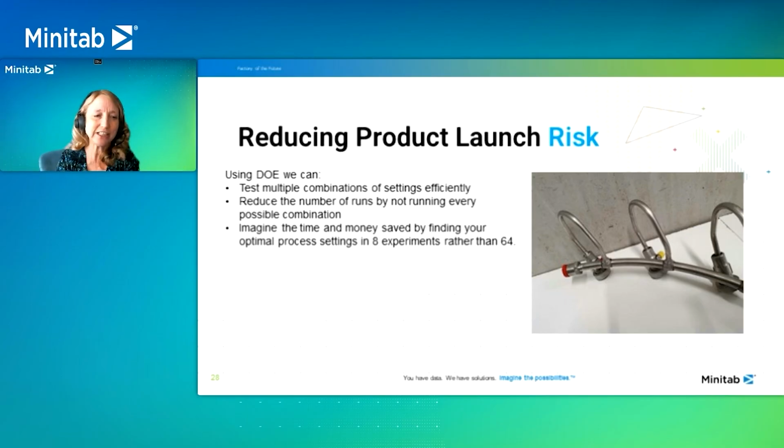For that, you need DOE. And DOE allows us to do this in a very efficient way. So imagine how much time and money you can save if you can just run 8 experiments, for example, rather than 64.